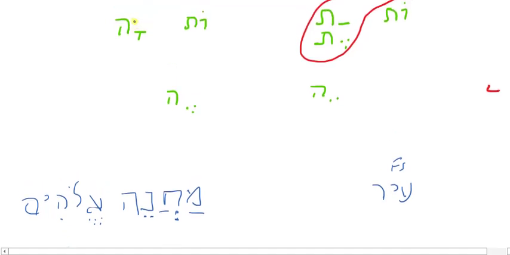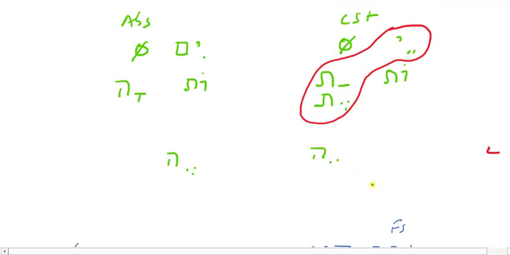No, it does not. So when I make it construct and put it into a thing one, thing two relationship as a construct chain, and I want to say something like the city of David, is there an ending that has to change? Is there an ending here? No? So will I want to somehow get a Pathach Tav or a Segol Tav over here? No. Zero ending remains zero ending.